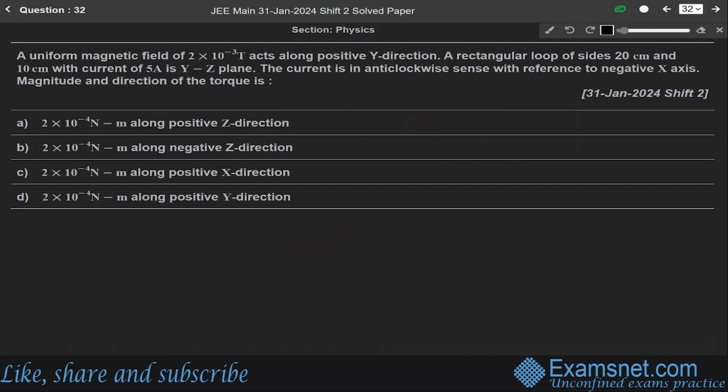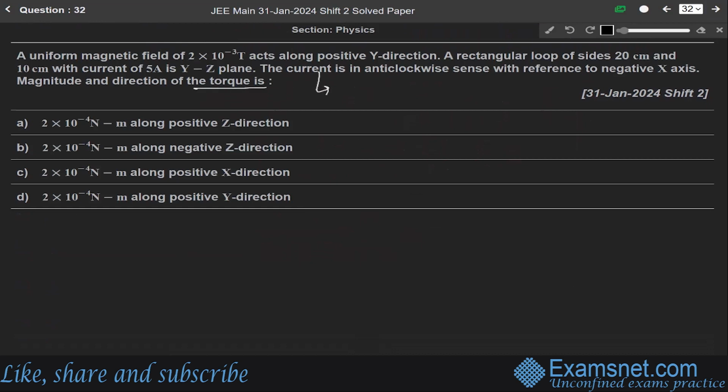Now, next question 32. A uniform magnetic field of 2 into 10 to the power minus 3 Tesla acts along positive y direction. A rectangular loop of sides 20 centimeter and 10 centimeter with current of 5 ampere is in the YZ plane. The current is in an anticlockwise sense with reference to the negative x-axis. We have to find the magnitude and direction of the torque.